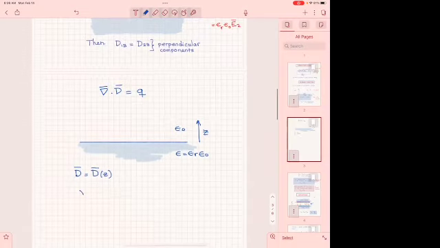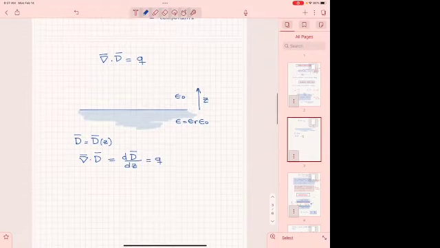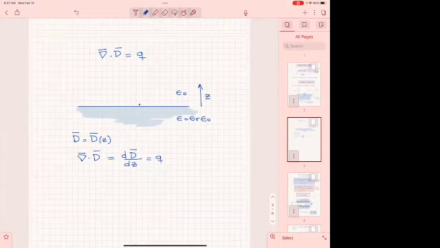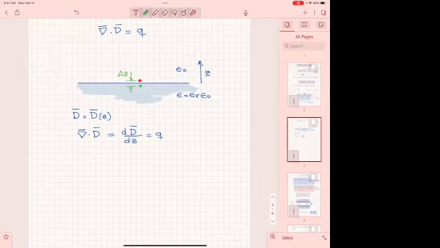Then what does this give? This will give dz, equals Q. If I take one point above and one point below, and I bring these points very close to the interface, let's assume that this will be a distance delta Z. How do I write the derivative?